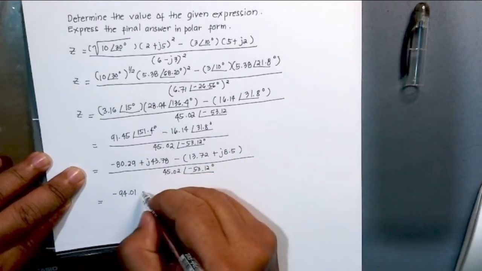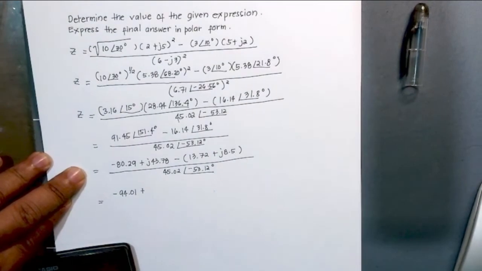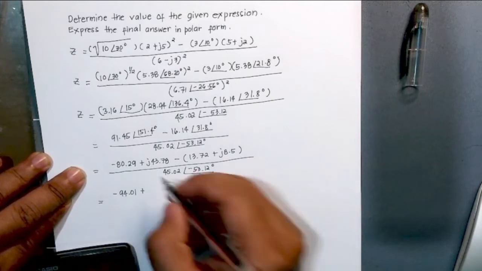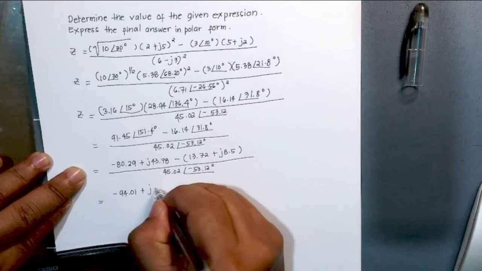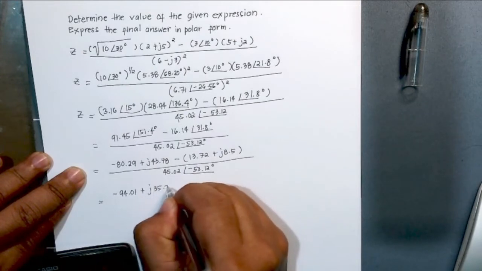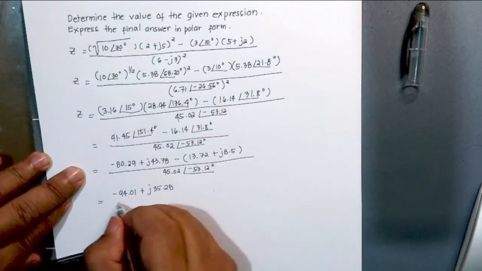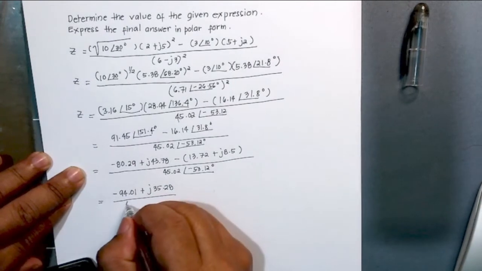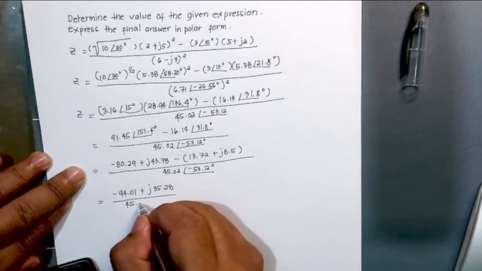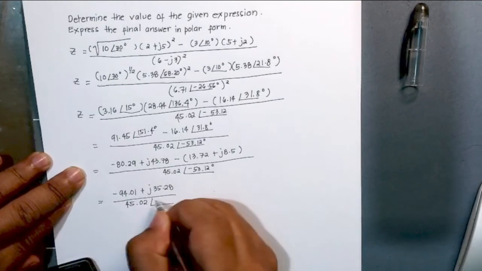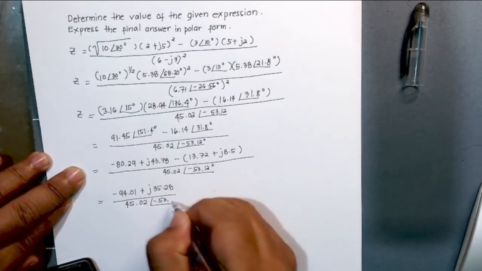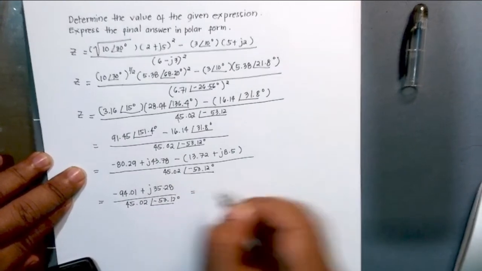And the other part, the imaginary, so that is 43.78 minus 8.5, so that is j35.28. Okay. So again, I'll copy this one, 45.02 cis of negative 53.12 degrees.